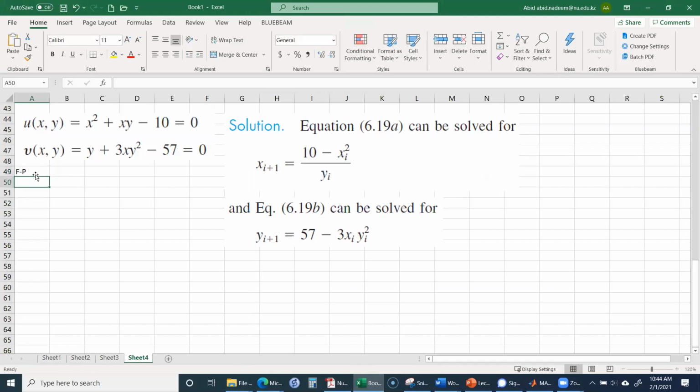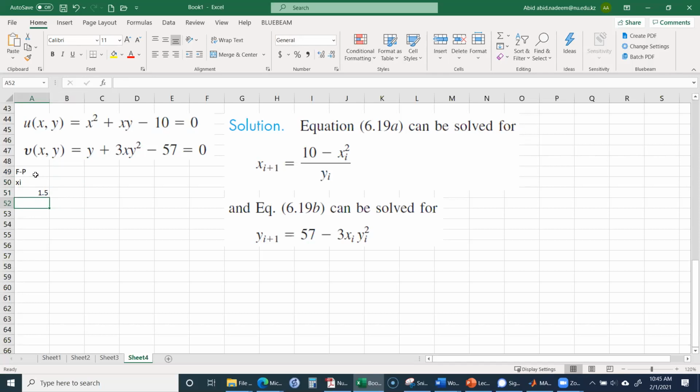What is the fixed point iteration method? In this case, I will take the xi, and I will start from x is equal to 1.5, and then I will calculate the next value of x.